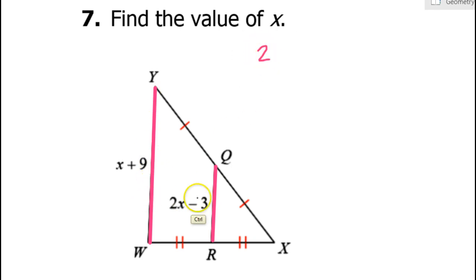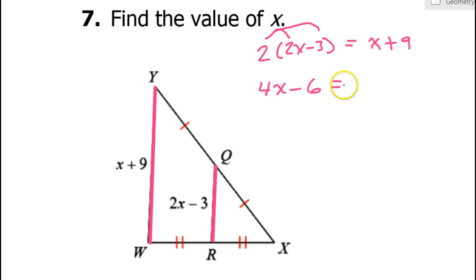So 2 times the midsegment, 2 times 2x minus 3, should equal the parallel side, represented by x plus 9. A little distributive property here gives us 4x minus 6 is equal to x plus 9.